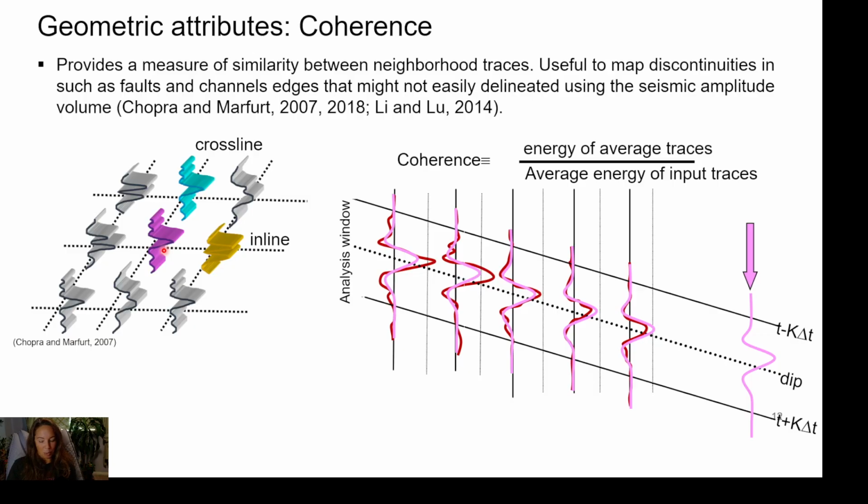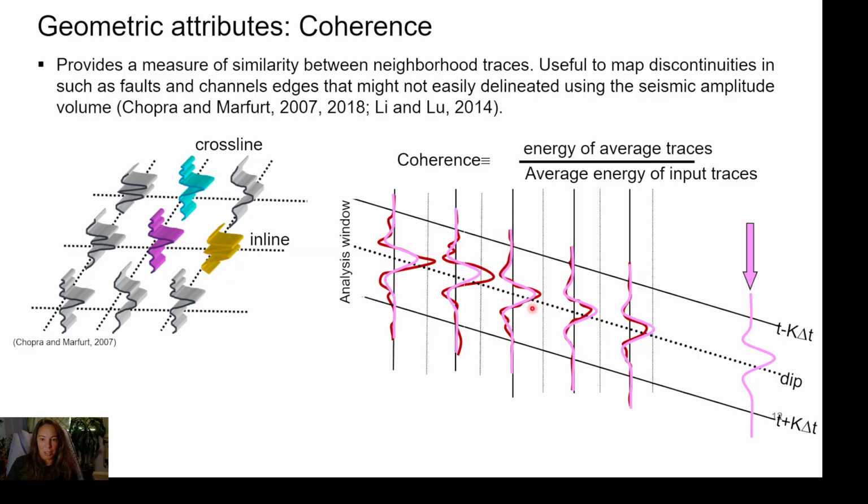And it can work in different ways. So besides whether you're looking 4 milliseconds above and below, or how many neighbors you're looking at, you may also be focusing more on the shape of it or the amplitude of it. And so in this case, the example of coherence I'm showing here is where you're taking the energy of the average traces, so that would be this pink wiggle right here, over the average energy of all of the input traces.